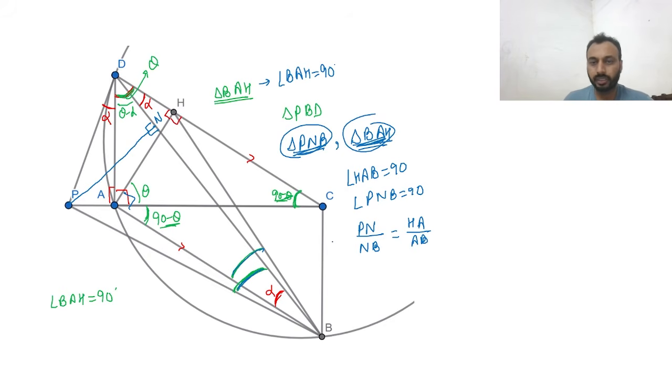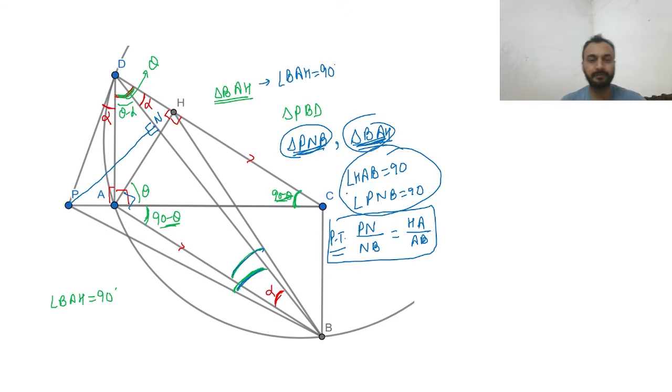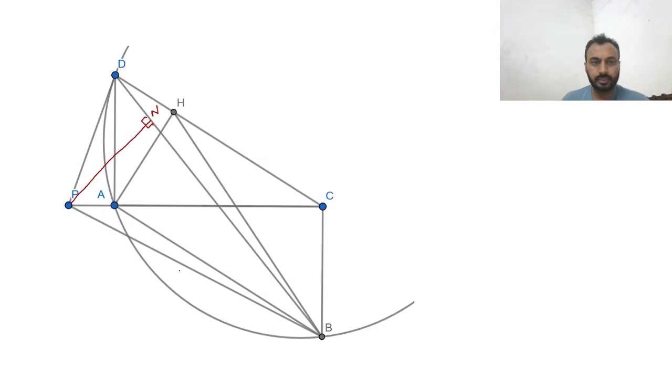If we prove that, then we can see the triangles are similar by SAS, because the angle is already common, it is 90. So what we want to prove is PN by NB is equal to AH by AB.